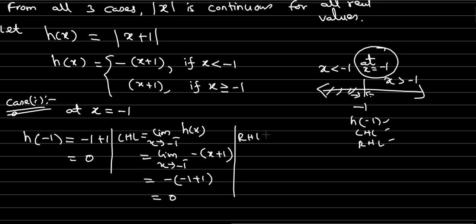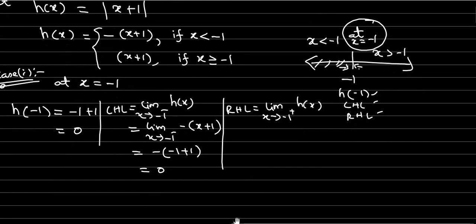Now right hand limit. Limit x approaching minus 1 from the right side, h of x. So what is the h of x here? The suitable function is x plus 1, because right side closest values of minus 1 are greater than minus 1. Now applying the limit, minus 1 plus 1, which is 0.